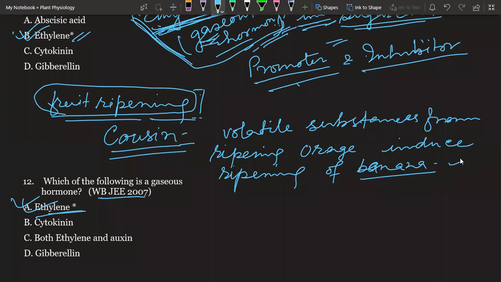Later on it was found that it is a gas, and it is ethylene. So ethylene is also known as the fruit ripening hormone. It is popularly known as the fruit ripening hormone.